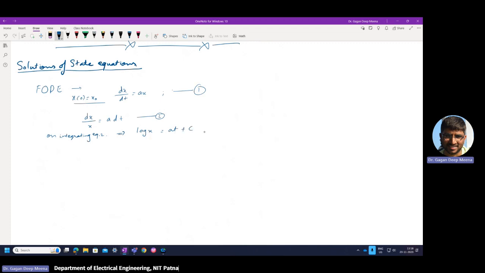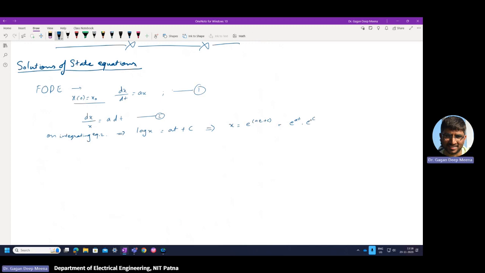If I solve this further, I get x equals e to the power a t plus c. I can further write this as e to the power a t multiplied with e to the power c.